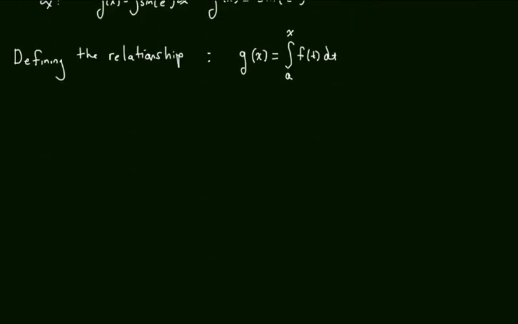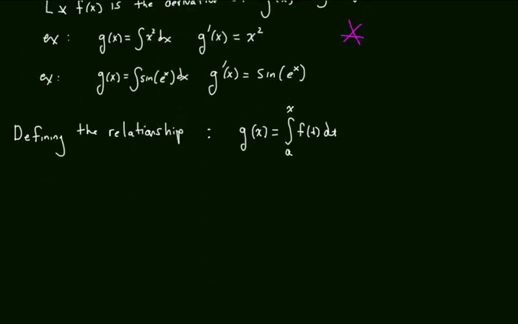The only difference is we added bounds to this just to make it a little bit tricky. This is also so that we can discuss the fundamental theorem of calculus, part 1. And before we get distracted, we will say g is an antiderivative of f, and f is the derivative of g.